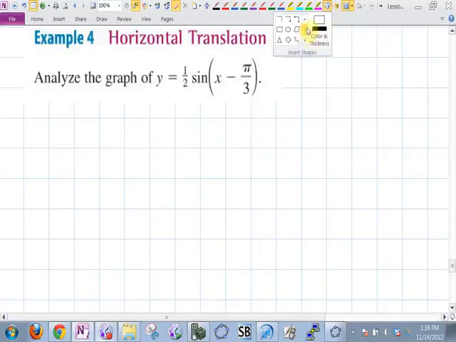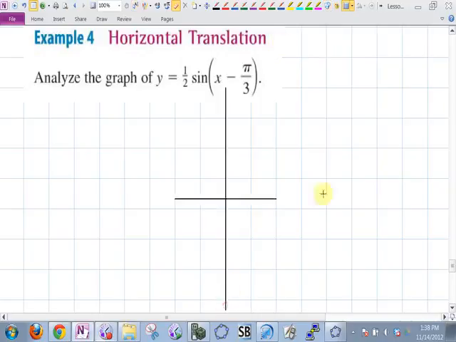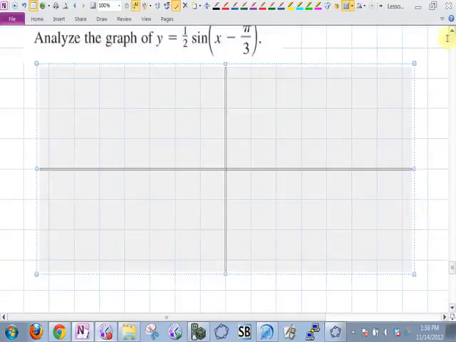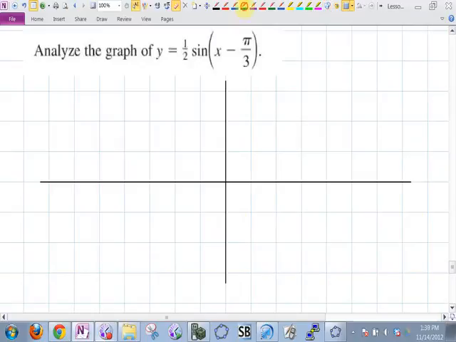So as we go to label our axes, what is the period of this function? 2 pi. So whenever the period is 2 pi, you instinctively want to label the axes by pi halves. Agreed? But the problem is, if we take this graph, it's got a period of 2 pi, so here's one complete cycle, right?